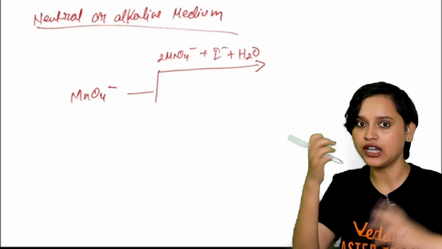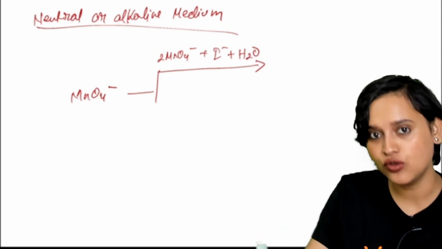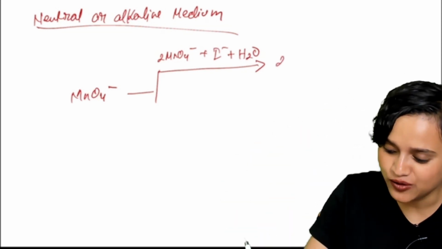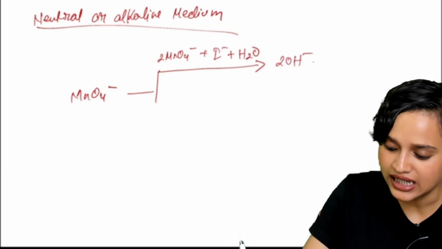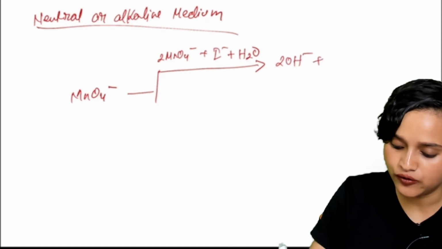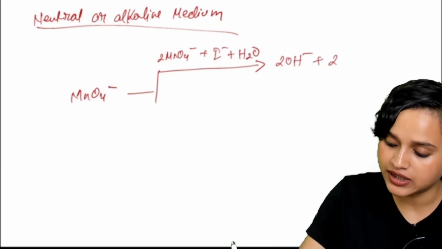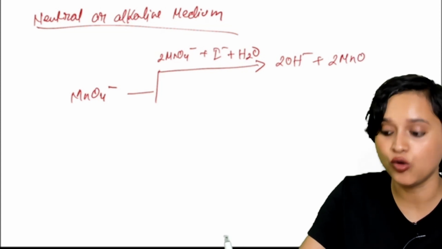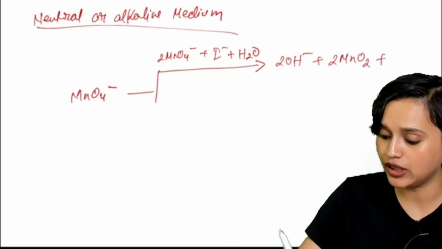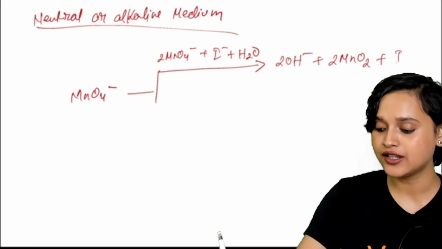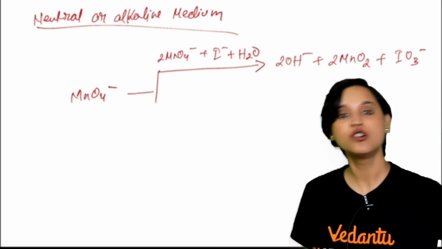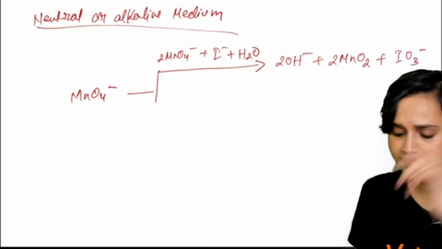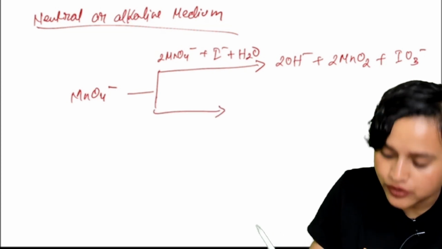So let's take H2O, and then we have to write 2OH⁻. Plus, what are you going to get? 2MnO4⁻ will become 2MnO2, and plus you will be getting IO3⁻. This is your reaction. Easy peasy, everybody. Next, what are we going to do?